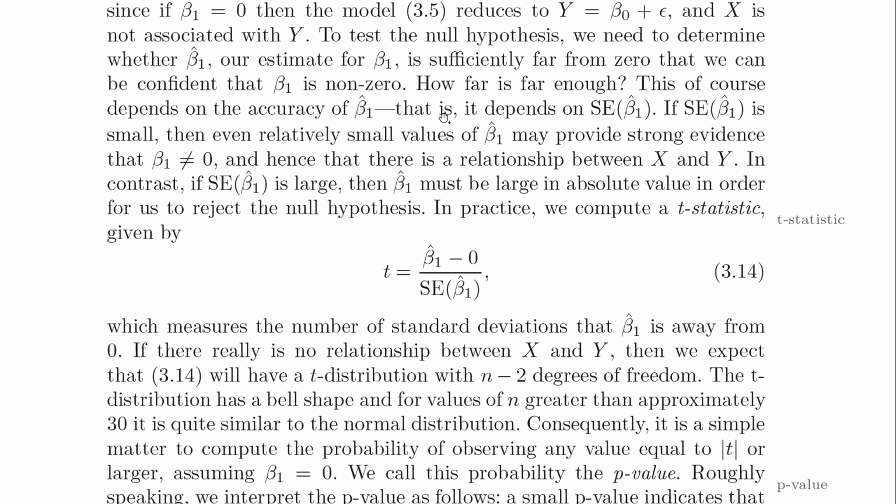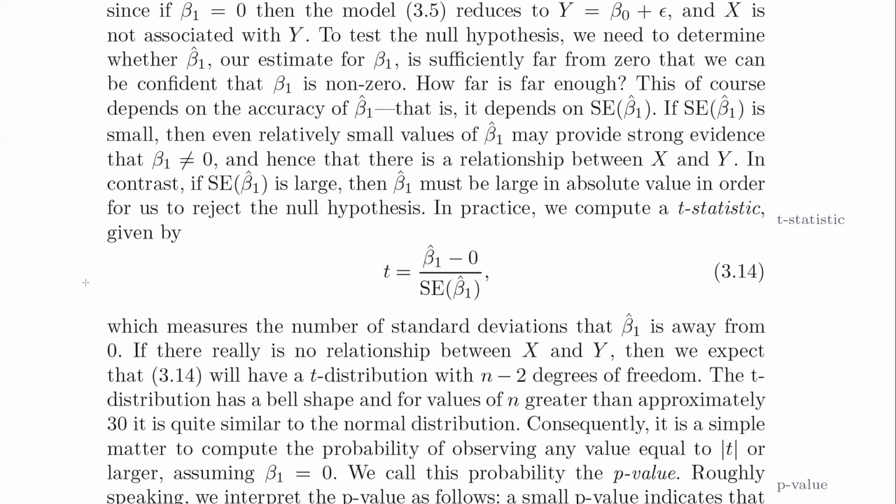That is, it depends on the standard error of beta 1 hat. If the standard error of beta 1 hat is small, then even relatively small values of beta 1 hat may provide strong evidence that beta 1 is not zero, and hence that there is a relationship between x and y.